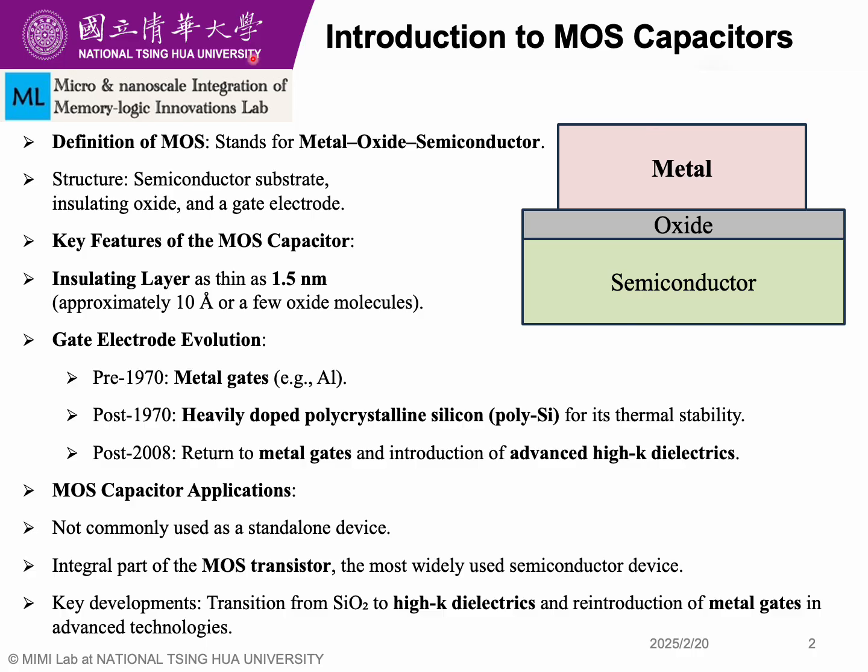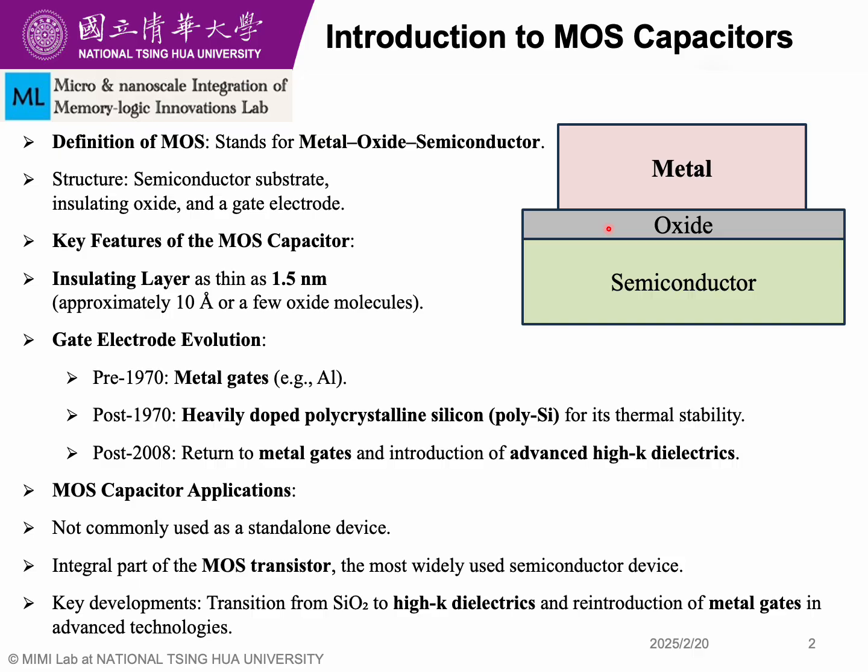Typically the semiconducting substrate is silicon, and there are others like germanium and many others, and there are also some recent trends on 2D channel materials, but mostly still the one used today is silicon. And the insulating layer, previously it was silicon dioxide, but now we have moved to many different high K materials, and hafnium oxide is one of them.